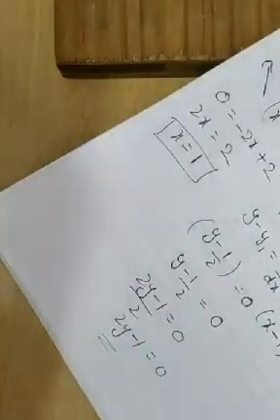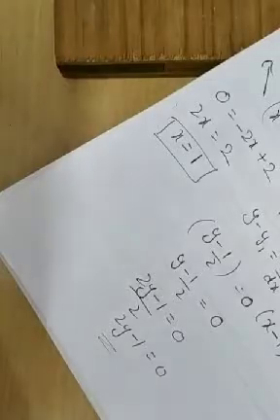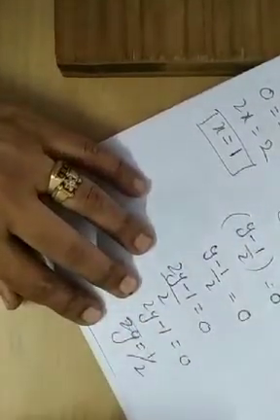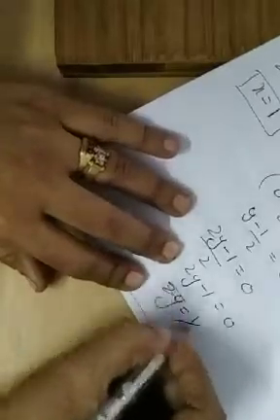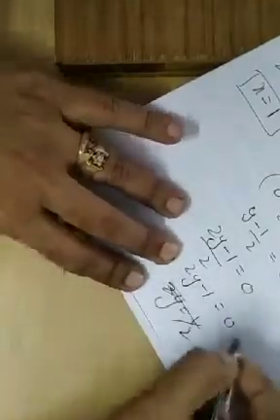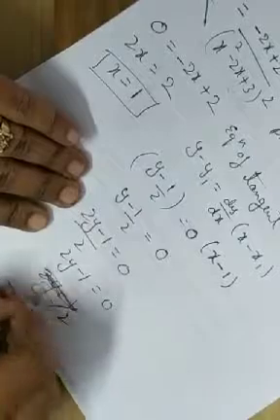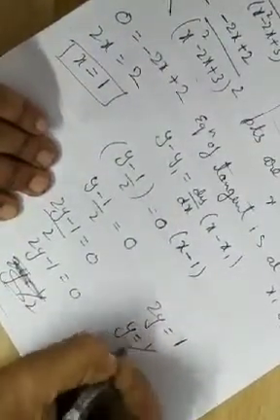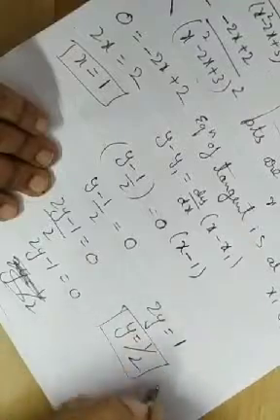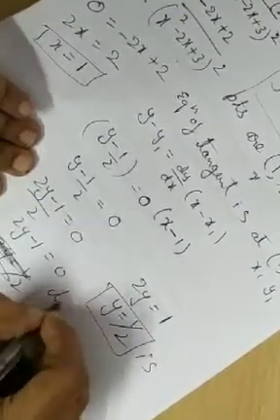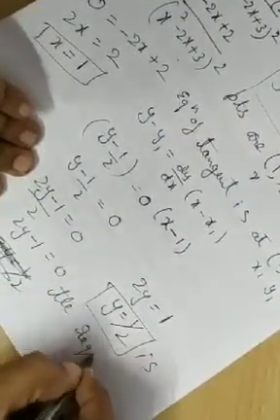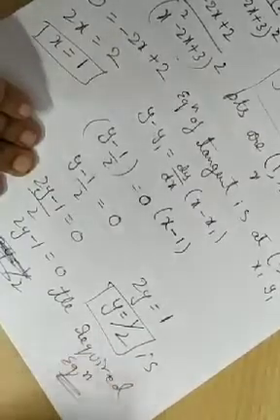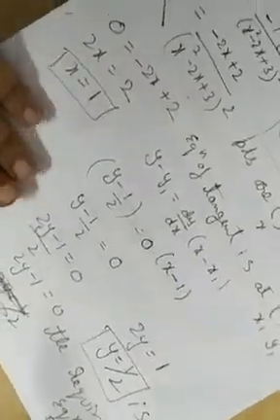It can be written as 2y is equal to 1, y is equal to 1 by 2. That is the required equation.